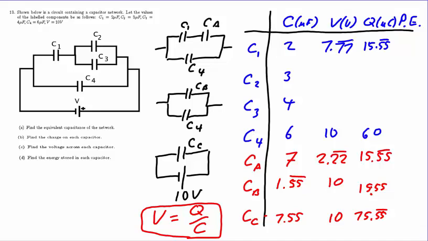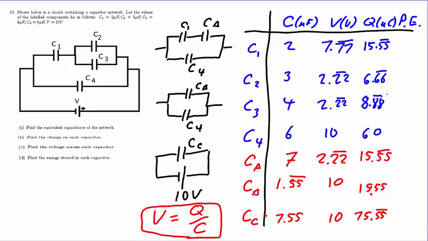Finally, we recognize that capacitor A itself was formed of a parallel combination of capacitors 2 and 3, and therefore, since we know that voltages are the same for all items in parallel, we can copy the voltage from capacitor A of 2.22 volts into capacitor 2 and capacitor 3's column. Q is equal to C times V, giving us 6.66 microcoulombs on capacitor 2 and 8.88 microcoulombs on capacitor 3.